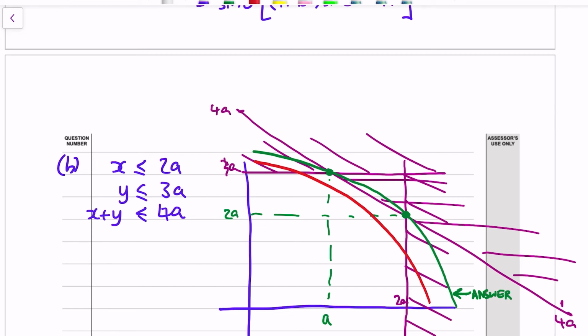So something like all these points here, they're not optimal because there's points in the region that would generate a higher value, and there's an infinite number of points. So to get 2 points, we want the objective function to go through the 2 vertices that we've got. This is one example, but the green is the answer.